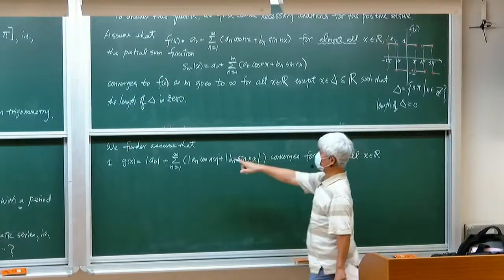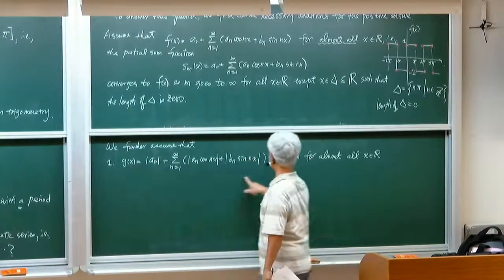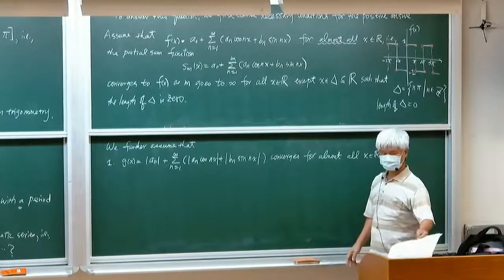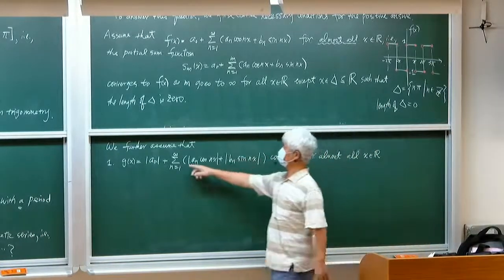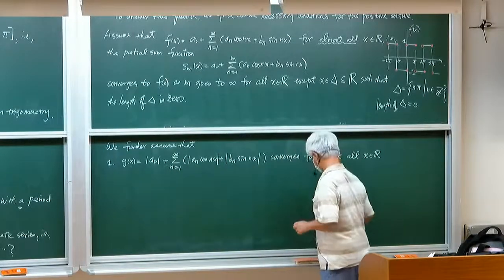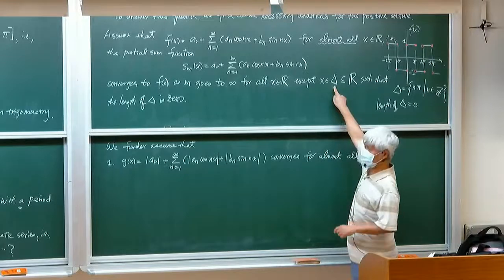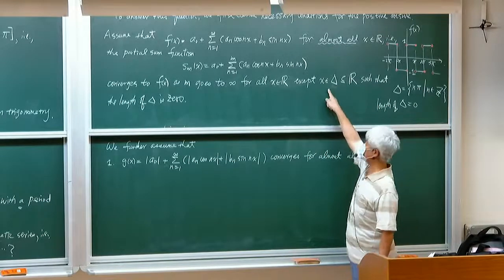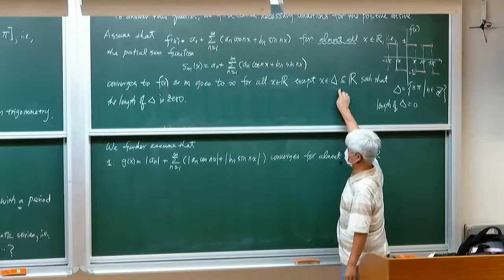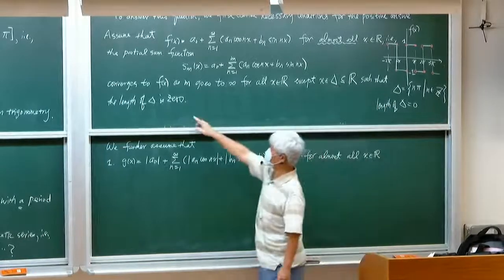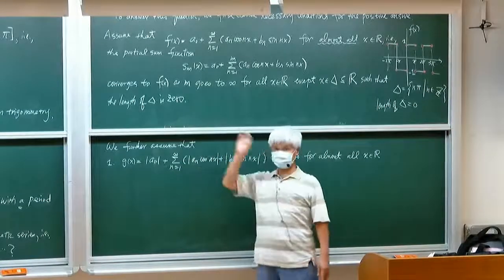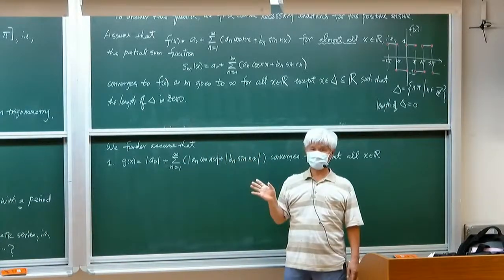So we say that the g of x function converges for almost all means that it allows a subset delta such that for those x in this delta, and the length of delta is 0, this series will diverge to infinity.